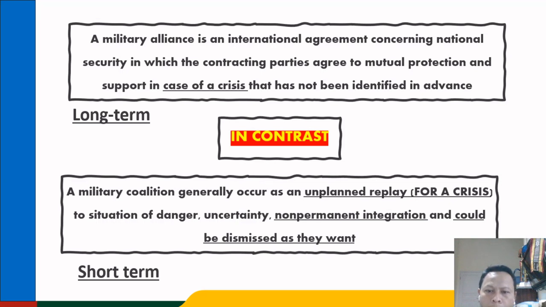This is a non-permanent integration, so it is not permanent and could be dismissed as they want. So we have to differentiate between military alliance and military coalition. Alliance is long-term and works in case of crisis, but military coalition is an unplanned situation.